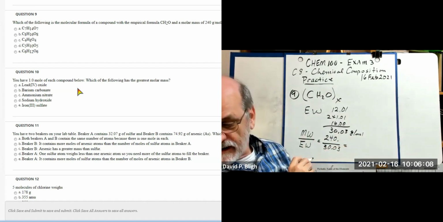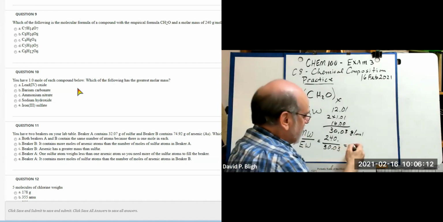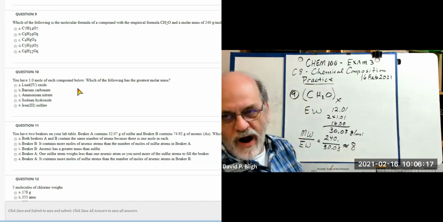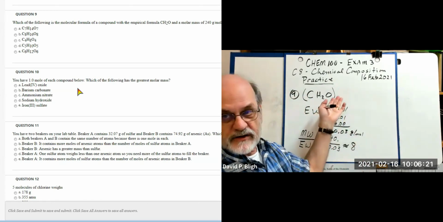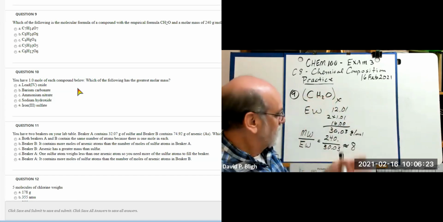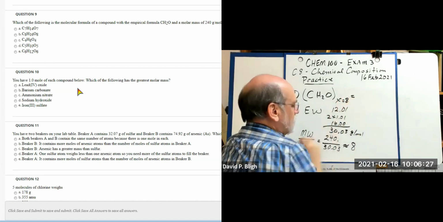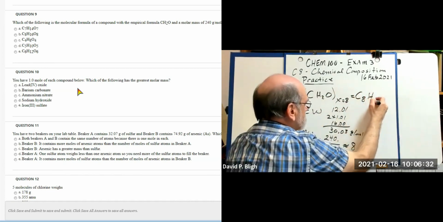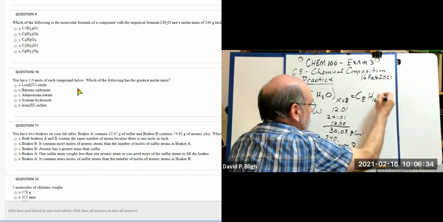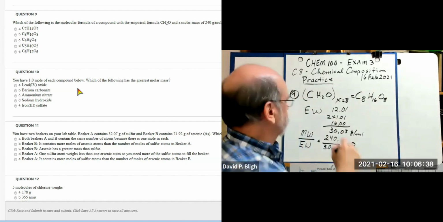Right? And that's approximately 8. It needs to be approximately the closest whole number, because it doesn't make any sense to multiply this by a fraction. So if we multiply that by 8, then we get C8H16O8. And that would turn out to be B, right?